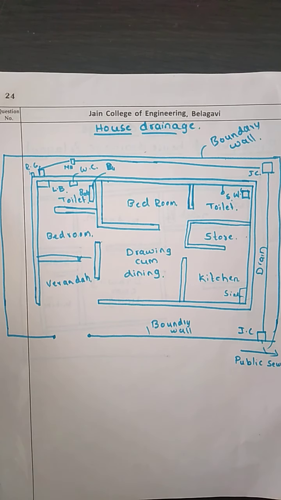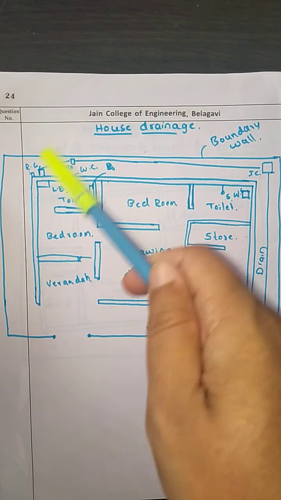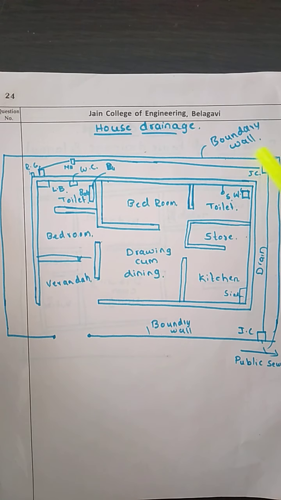Then the drain should be aligned straight, and inspection chambers should be located along it. Whatever I have drawn here is nothing but the inspection chamber. Suppose any blockages are there, you can clear those obstructions from the inspection chamber.